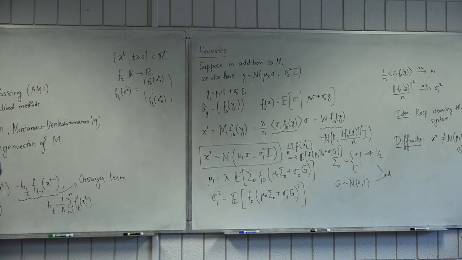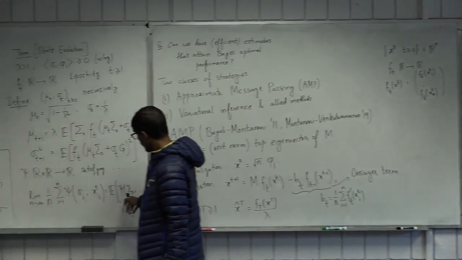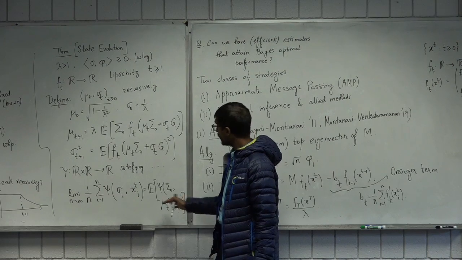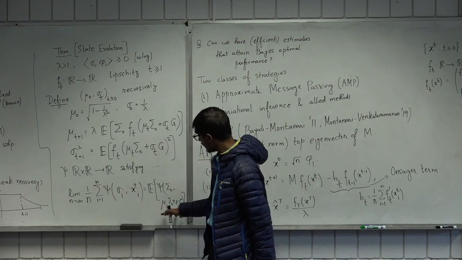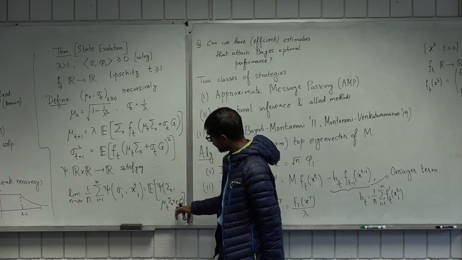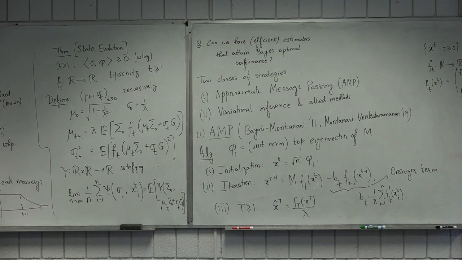It's basically saying that if I look at the empirical distribution of sigma and x^t, then it's actually a given bivariate distribution. If I look at the marginal of x^t, then it's basically like mu_t times the signal plus sigma_t times a Gaussian. That's basically what it is saying.